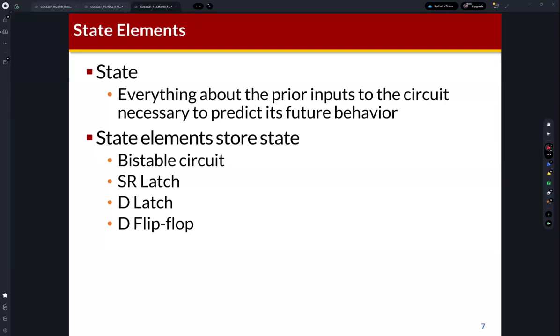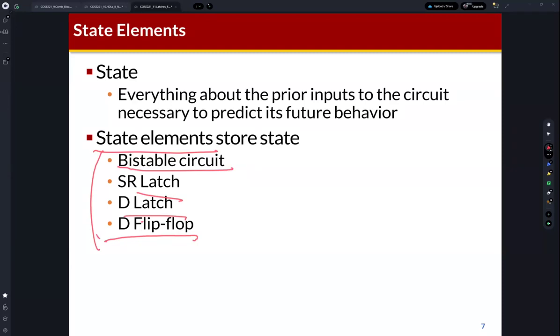In order to build the sequential logic, we also need to learn about the basic state elements, the basic sequential logic blocks. So we need to learn about the bistable circuit, latch, then flip-flop.